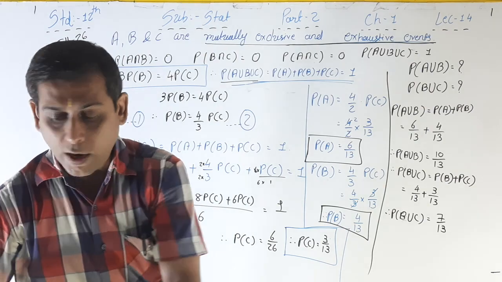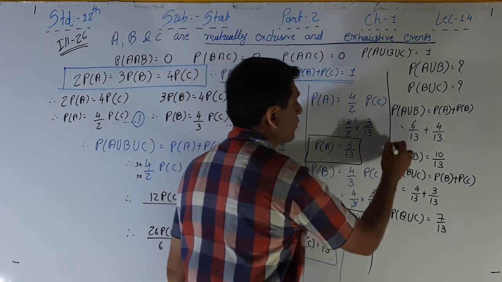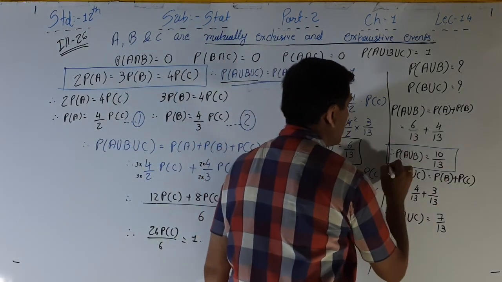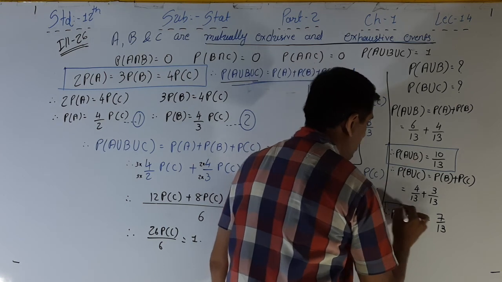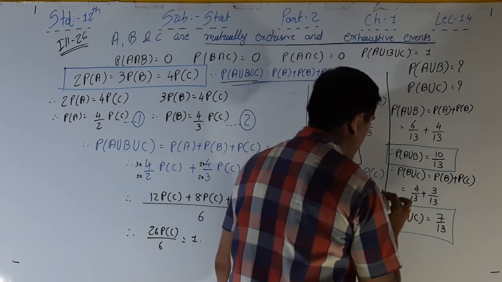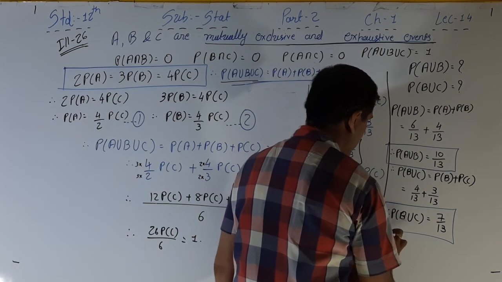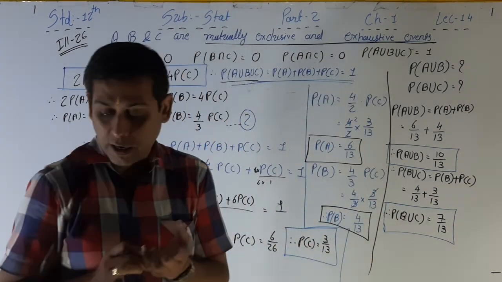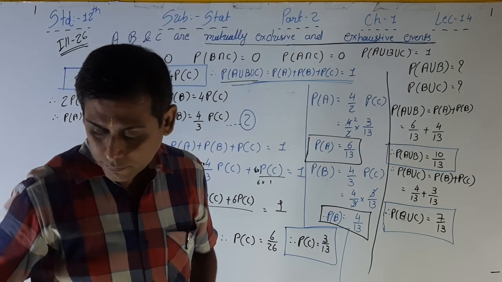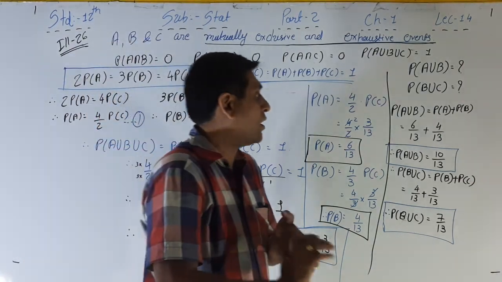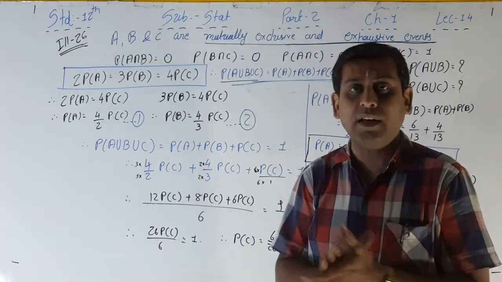So your final answer is A union B is equal to 10 by 13 and B union C is equal to 7 by 13. Okay. So it is a combination of mathematics and statistics.